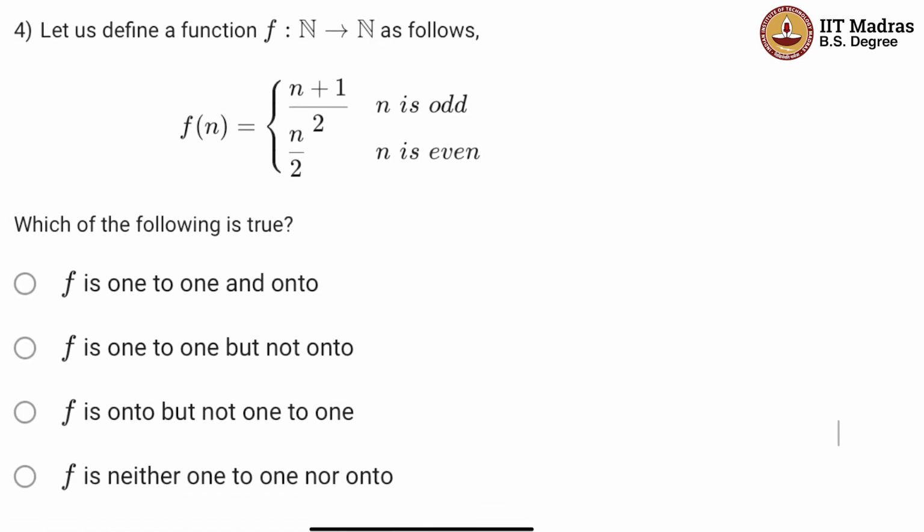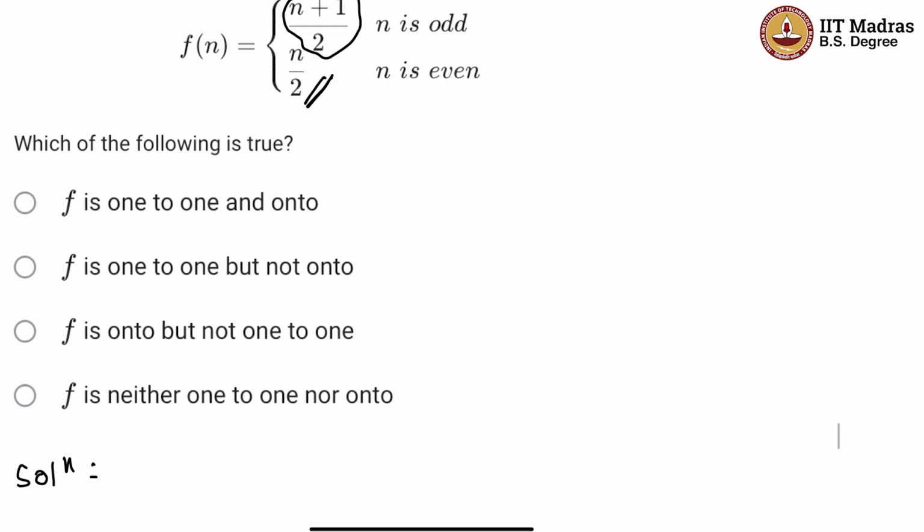What is our next question? We have a function f from the set of all natural numbers to the set of all natural numbers, such that f(n) is (n + 1)/2 when n is odd, and f(n) is n/2 when n is even. So we need to check whether it is one-one or onto. So clearly f(1) equals (1 + 1)/2, that means 1, right?